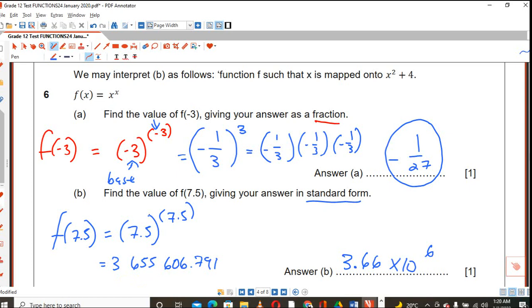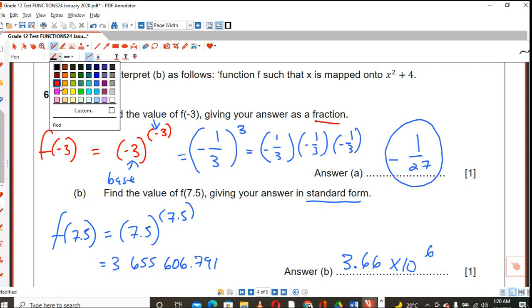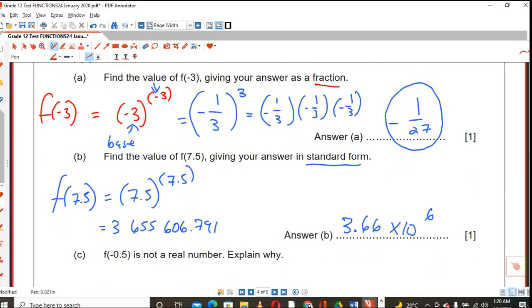The comma is moving 1, 2, 3, 4, 5, 6 places. And I'm just going to round to 3 significant figures. I hope you still know how to write a number in standard form. It's just revision work.